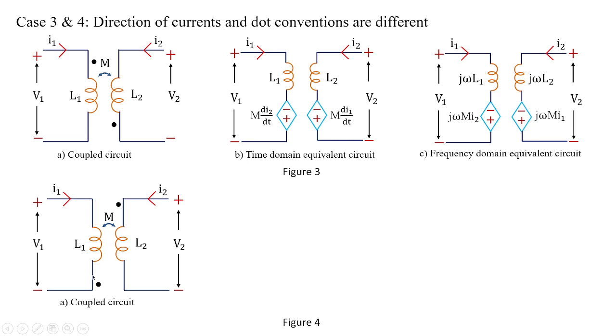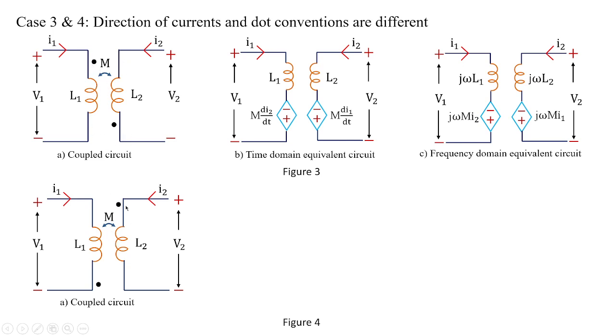The same thing follows for figure 4 of the coupled circuit, where you can see the dot conventions are quite opposite to this case 3. So for the primary coil and for the secondary coil, the directions of the flow of the currents are different based upon the different dot conventions.